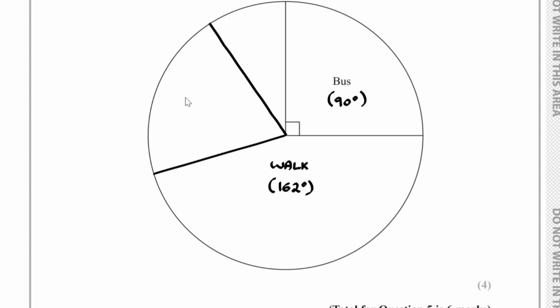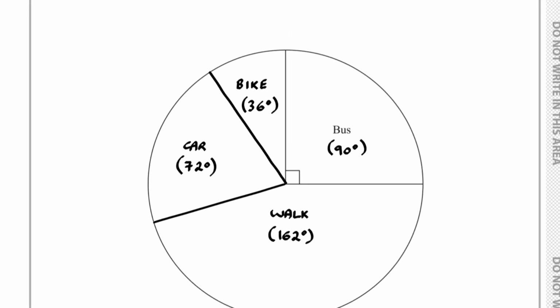For car, we would have 72 degrees, and then for bike, we would have 36 degrees, as we see here. So here is the completed pie chart.